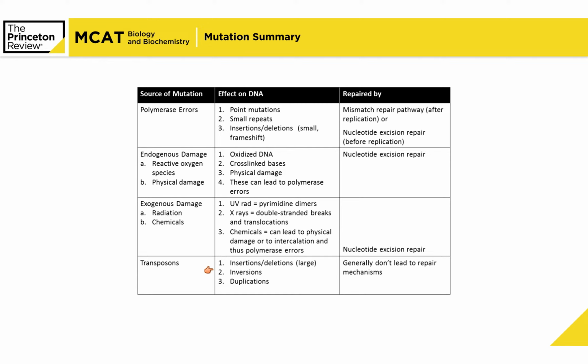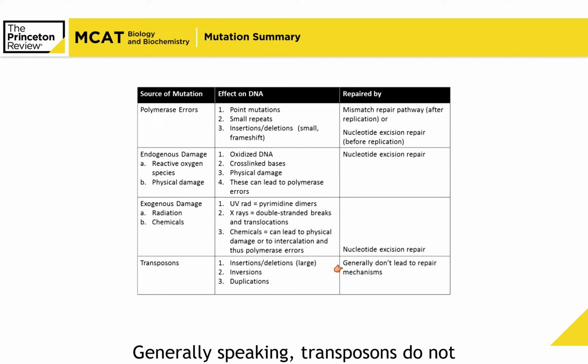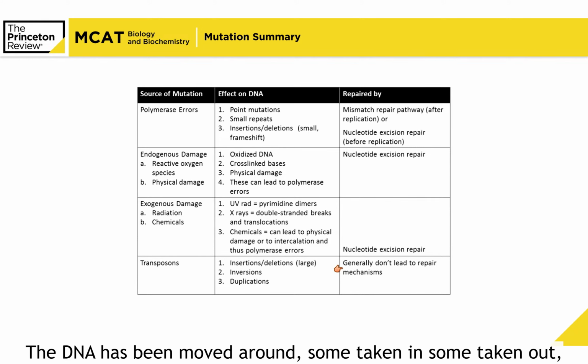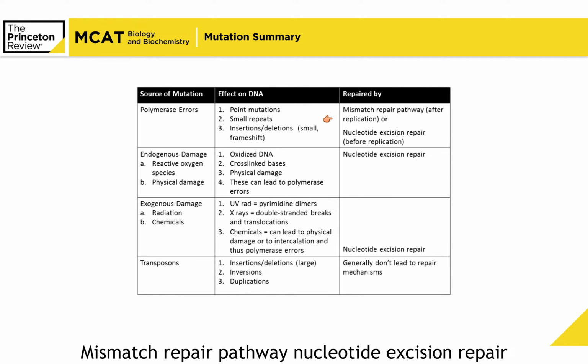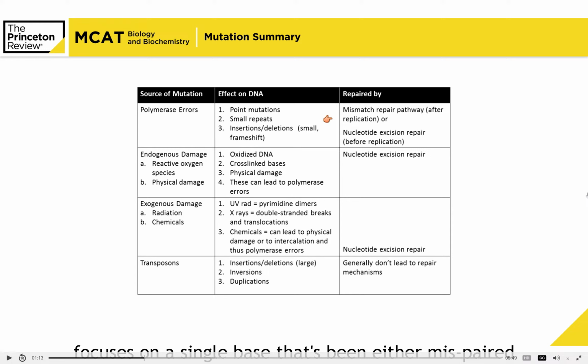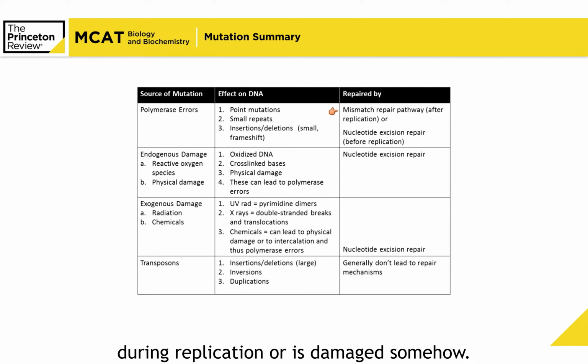Generally speaking, transposons do not lead to repair mechanisms because there's no visible damage to the DNA. The DNA has been moved around, some taken in, some taken out, but there's no visible damage, so they don't trigger repair mechanisms. Mismatch repair pathway and nucleotide excision repair focus on a single base that's been either mispaired during replication or is damaged somehow.